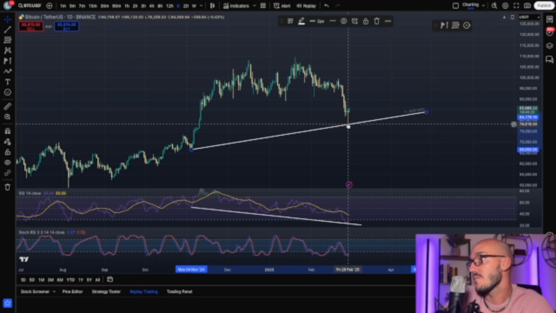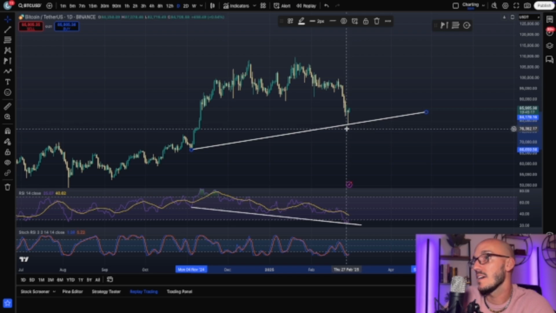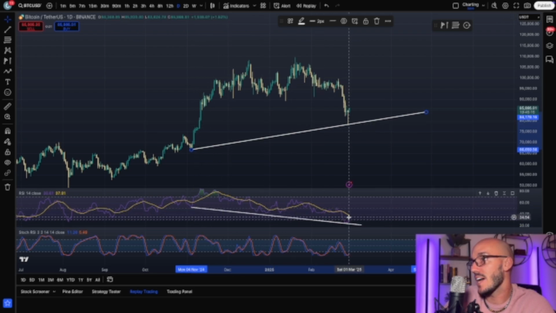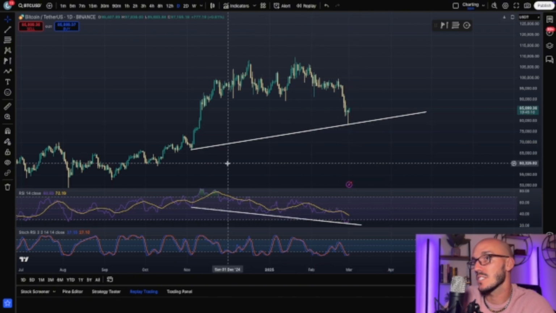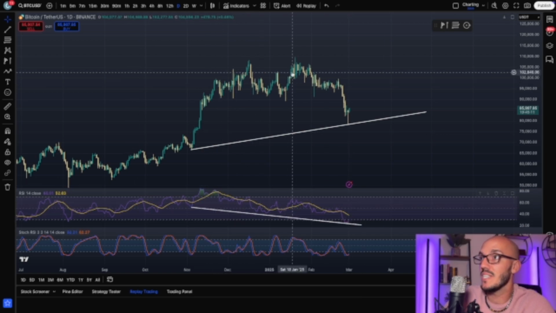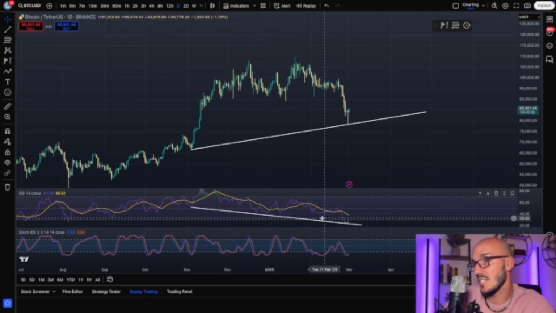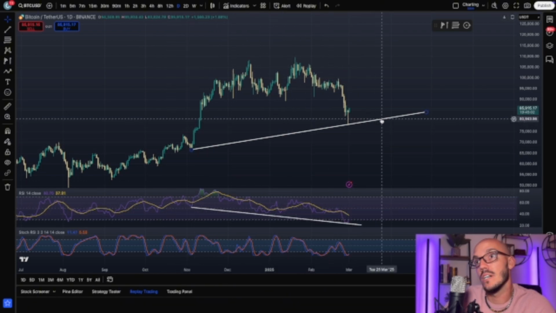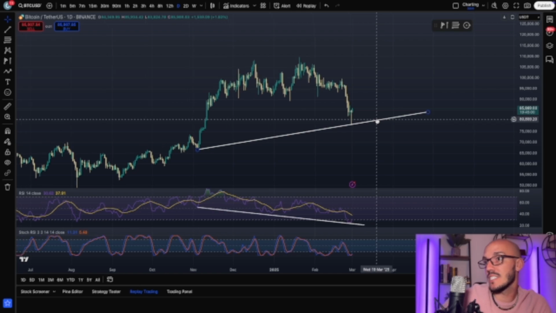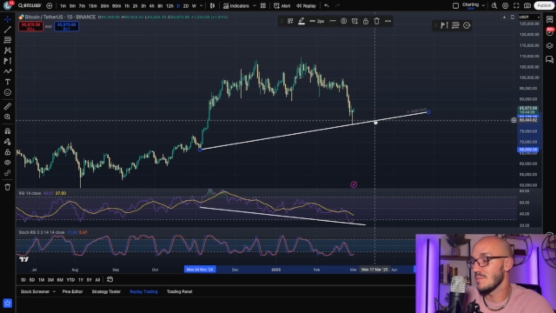If price falls below 78K, that would invalidate this hidden bullish divergence. So as of right now, this could potentially be a hidden bullish divergence based on this over here. This is lower low, higher low. So definitely something to keep in mind.